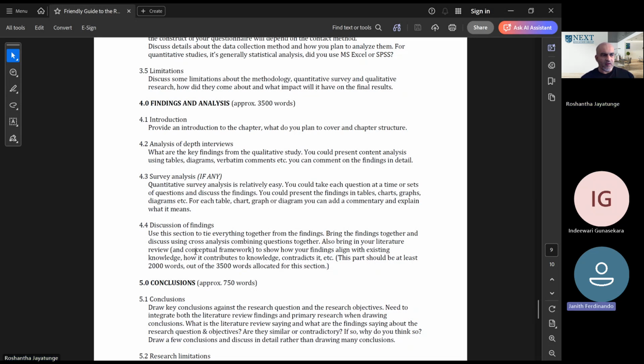Roshantha, I have a small question now. Okay, go ahead, please. When we're collecting qualitative data, I still have doubts. How do we bring those data in? Let's say I'll quote one of my questions: how would you describe the overall credit evaluation process at your bank or the department, branch or the department?